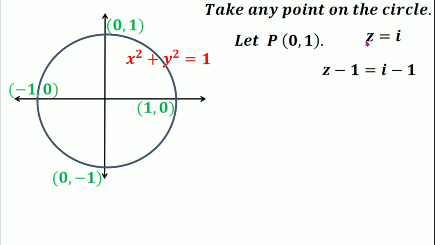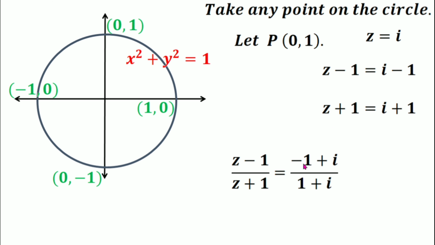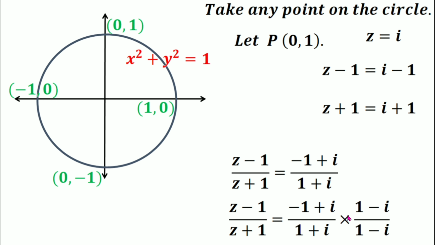Here z equal to i, subtracting 1, z minus 1 is i minus 1, adding 1, z plus 1 is i plus 1. So (z minus 1) by (z plus 1) is (minus 1 plus i) by (1 plus i). Multiplying both numerator and denominator by the conjugate of the denominator, 1 minus i by 1 minus i.